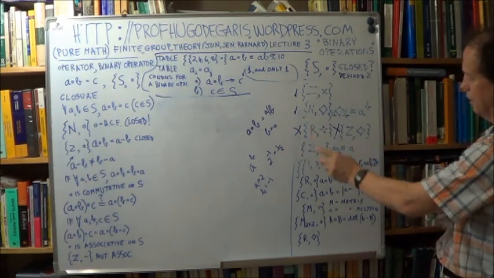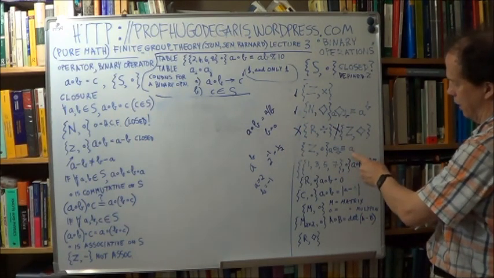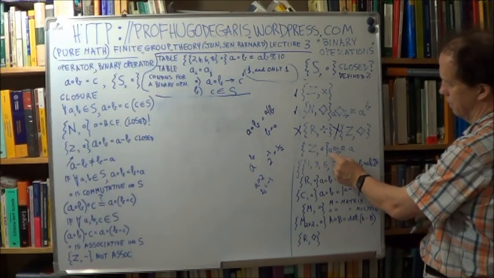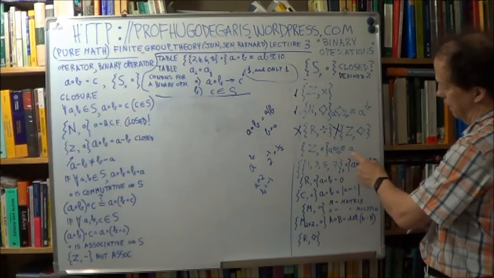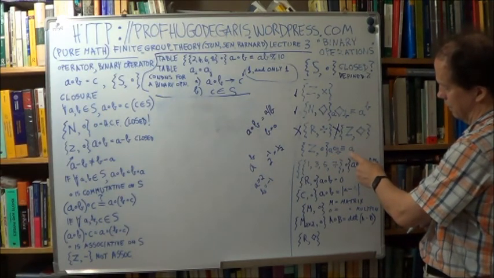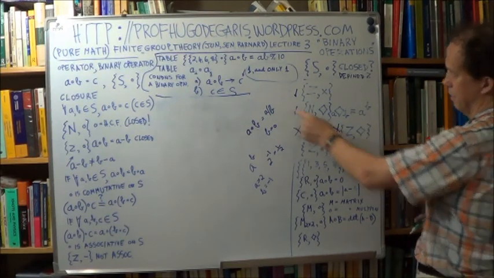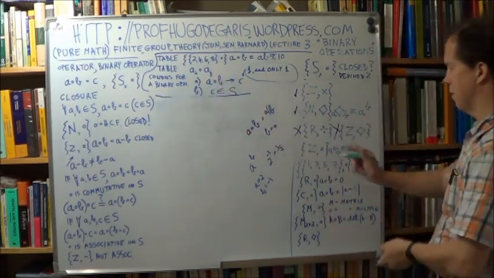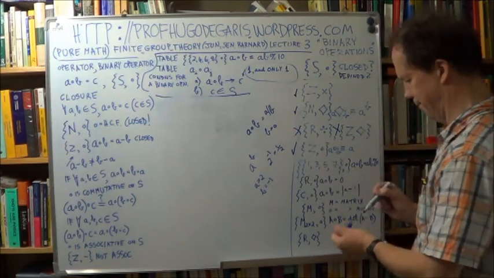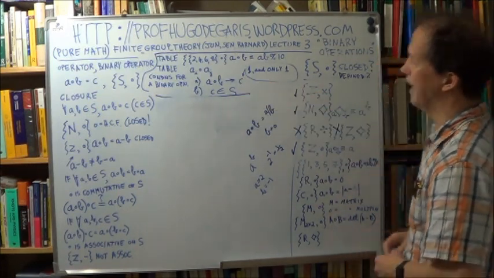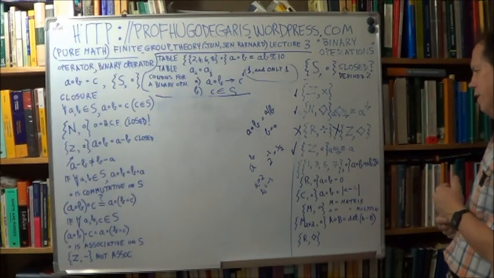Is that closed? Well, A certainly belongs to the set because here it is again, and there's one and only one result for each pair. So these two conditions are satisfied. So that's okay. The two conditions are satisfied for it to be a legitimate binary operation.